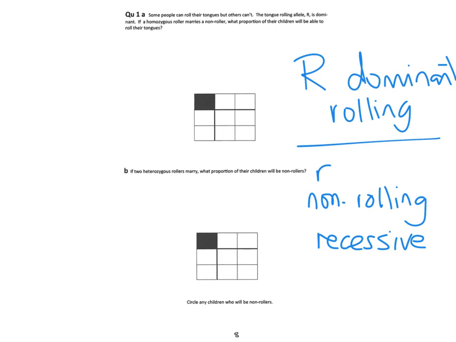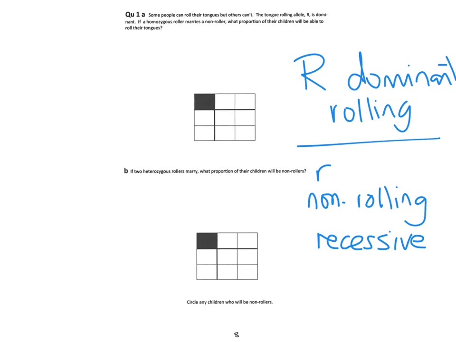You're going to write out the 2 crosses. Now you need to write it out the way we've done it on the previous page. You need to write out the parent's phenotype, the parent's genotype, the gametes, and then do the cross in the Punnett square. You don't need to do it the one with all the lines, just do it in the square. And then for part B, you have another cross. It's talking about 2 heterozygous rollers.